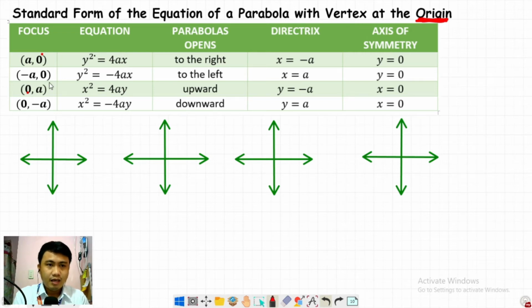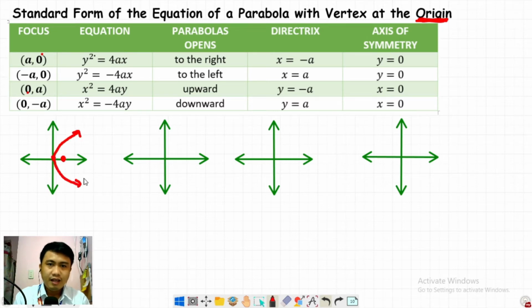Okay? And so kapag ang ating focus ay nasa A0, dito siya, A0. And kapag ang ating A ay nasa x-coordinate at positive siya, that opens to the right. And of course, our vertex is at the origin. So, opens to the right po yan.